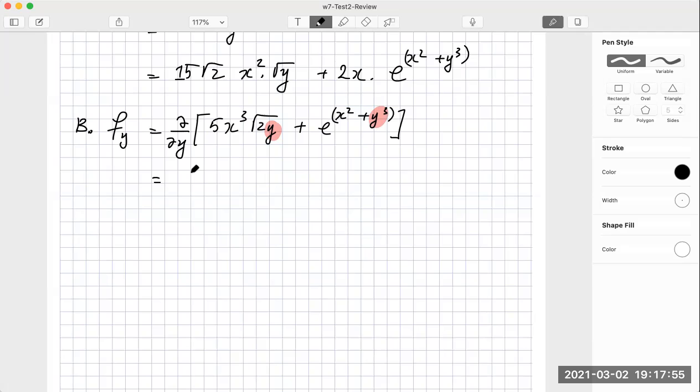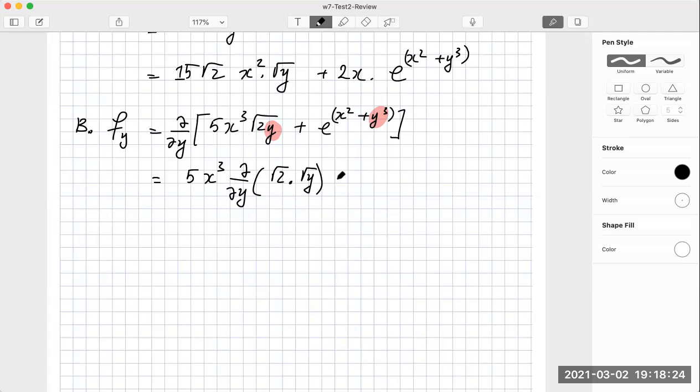Let us write it as 5x cubed times d over dy of square root of 2y, or it is square root of 2 times square root of y. If we write it this way, we can avoid a mistake with the coefficient 2.